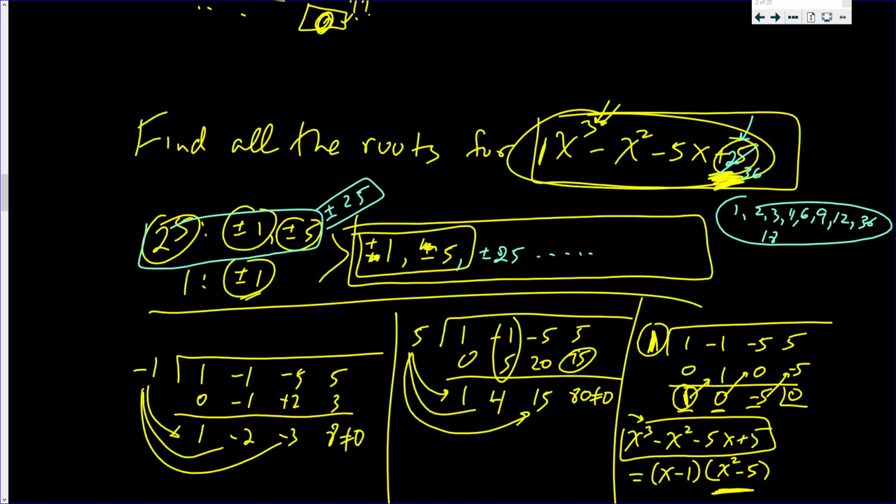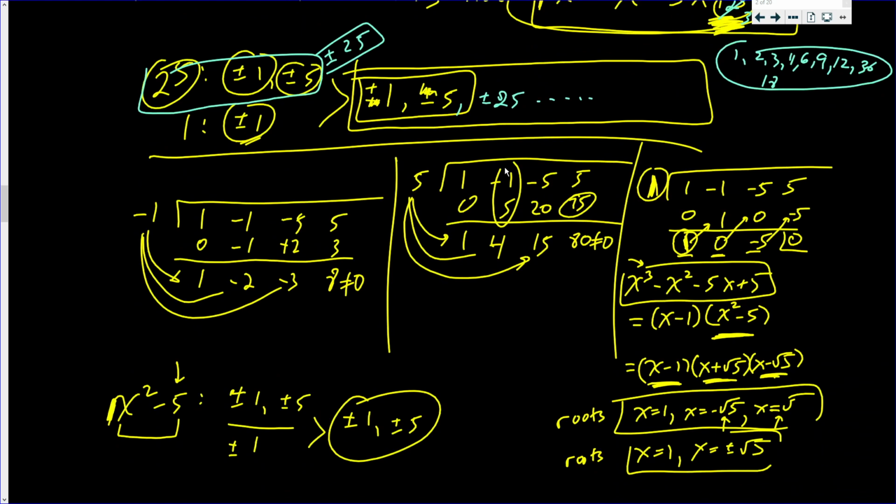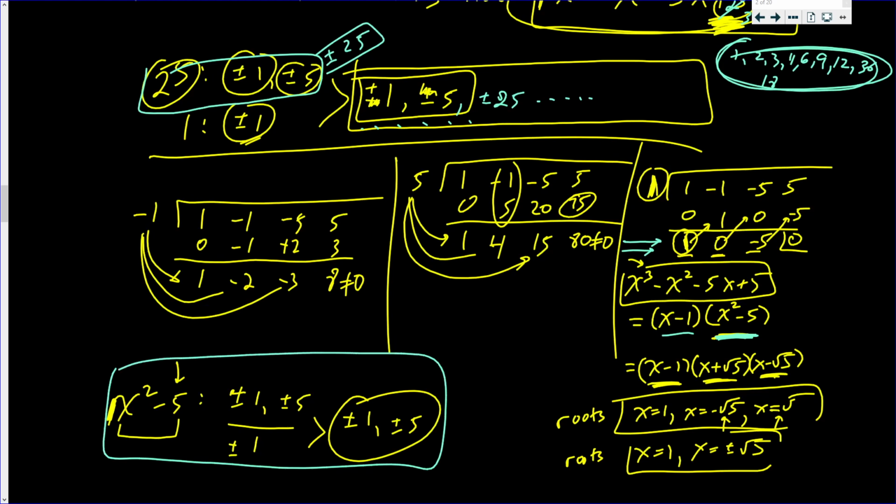Now, after you did the synthetic division, you found out that 1 worked, and then the next polynomial, x minus 1 times this polynomial, there's no need to try all this long list of numbers, because the only ones that could possibly work for x squared minus 5 are those numbers.